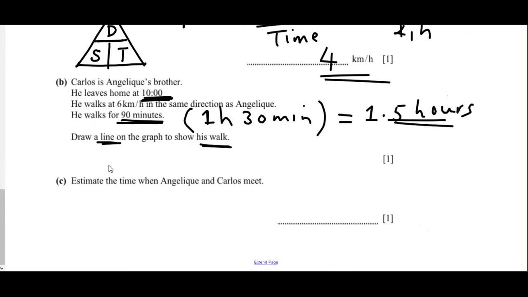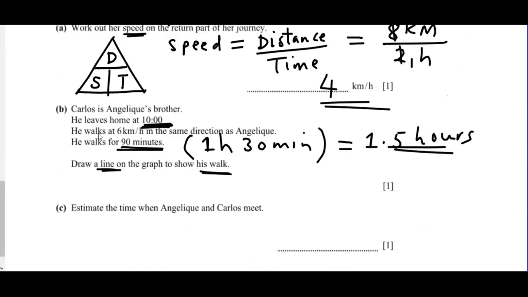So we need to calculate the distance. We go back to the formula that distance over time equals speed. If I'm looking for distance, I take speed times time. So here I write distance equals speed times time.